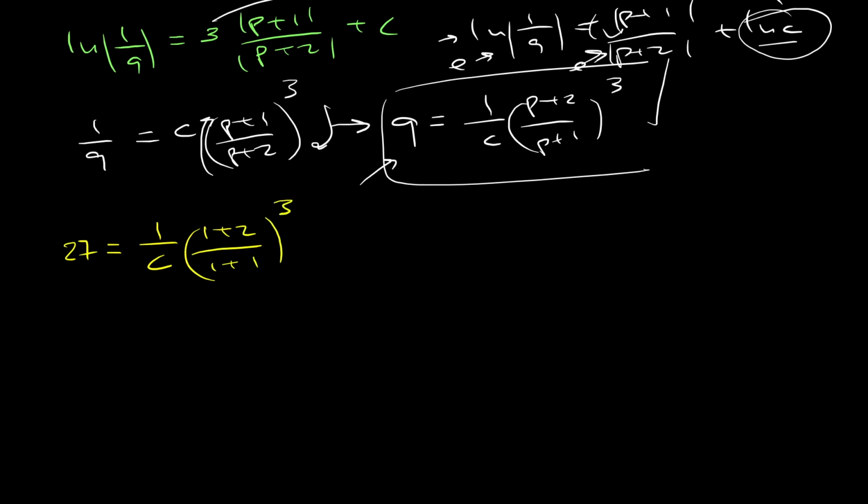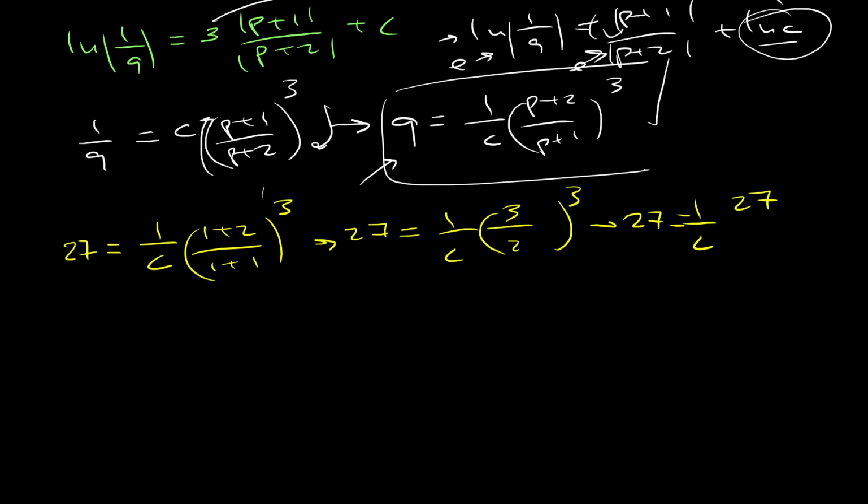So this all cubed, and this gives us 27 is equal to 1 divided by c, and then 3 over 2 to the third power. We can even further simplify this because these are small numbers. So 27 equals 1 divided by c, 3 to the third power, that's 27, and 2 to the third power, that is 8.